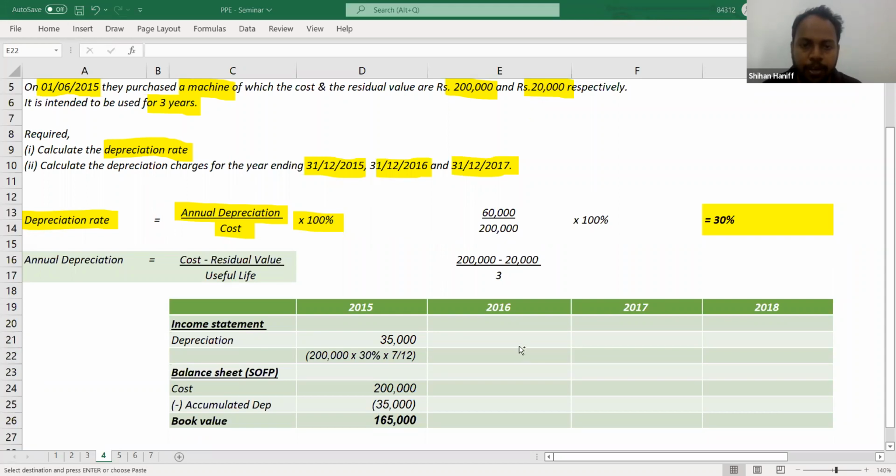Yes. So 12 months, 60,000. Depreciation is 95,000.